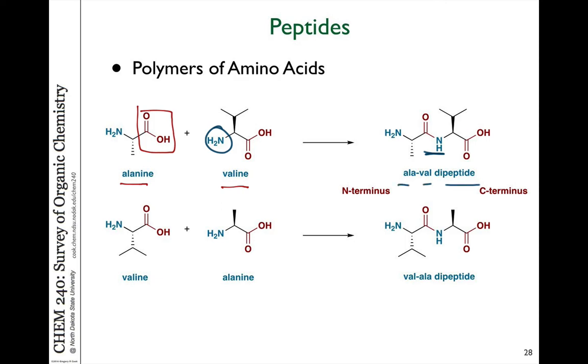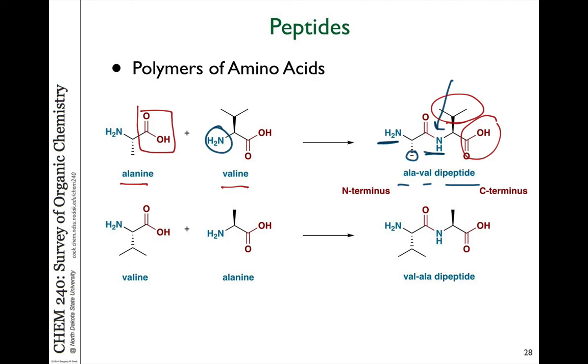It's 2 amino acids linked to form an amide from one of the amino groups and one of the carboxylic acid groups. So notice that in this case, the free nitrogen on the left is next to the CH3 group. The free acid on the right is next to the other amino acid's group.